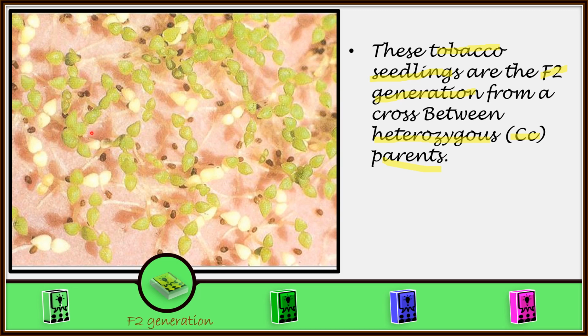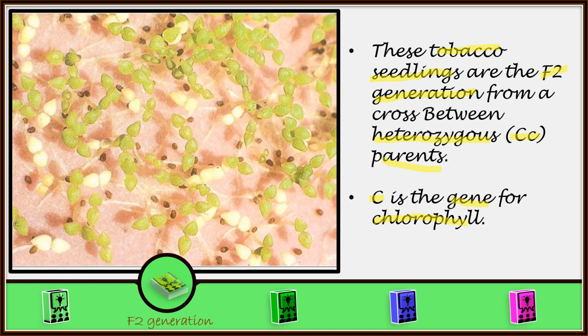Those that are green have got chlorophyll. Capital C is the gene for chlorophyll.